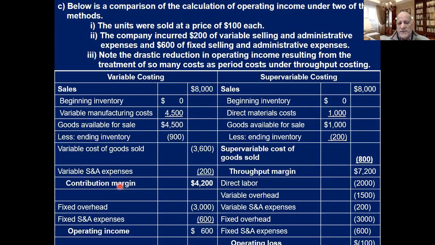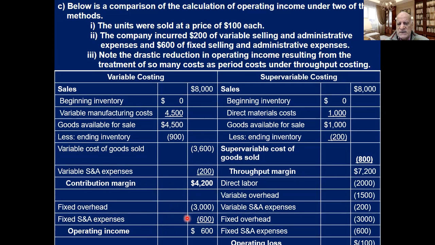We subtract from the contribution margin all fixed costs, fixed manufacturing and fixed administrative and selling expenses. So fixed overhead, 3,000, to be subtracted, and fixed selling and administrative expenses, 600.